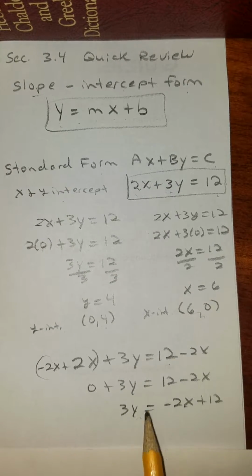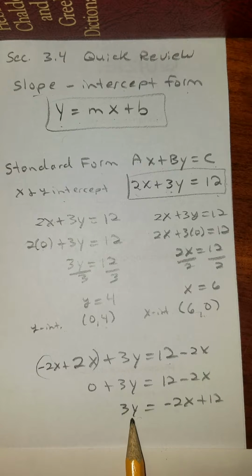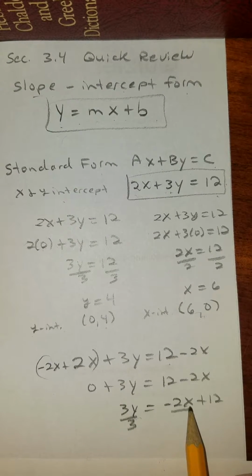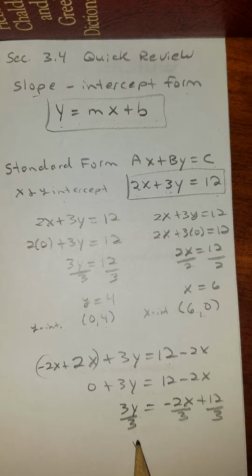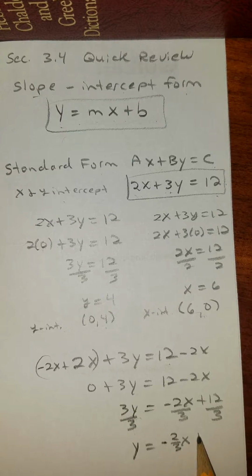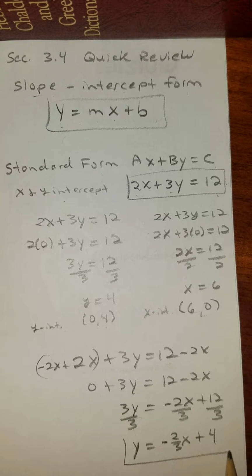But I still don't have it in the y equals mx plus b form, because I want 1y. So I'm going to make a 1 by dividing everything by 3. And so this becomes 1y equals negative 2/3 x, and 12 goes into 3 4 times. So now this is the same equation of the line.